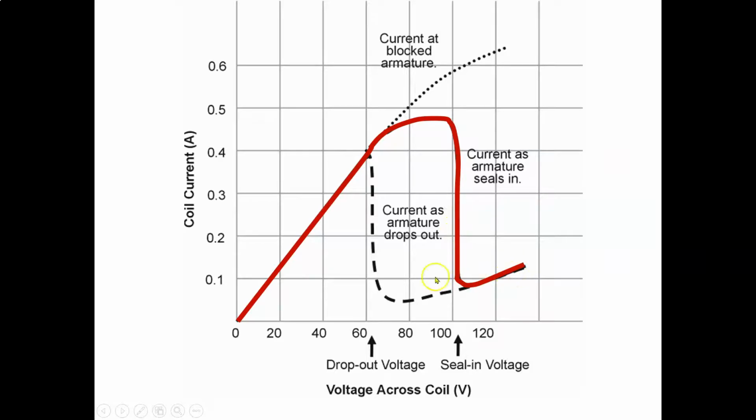Now, the next one, the dropout voltage. Once my voltage drops down to about 50% of the rated voltage for that coil, the voltage is going to drop, obviously, right here. But then my current's going to increase.